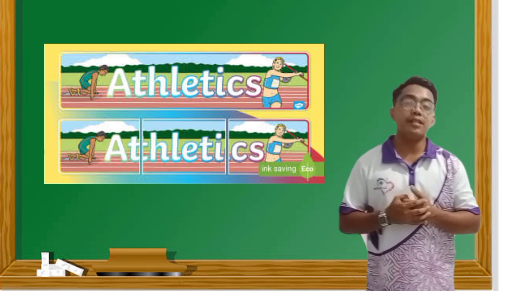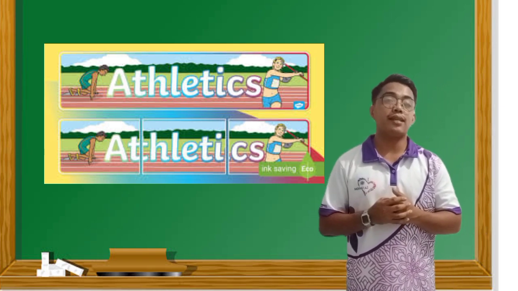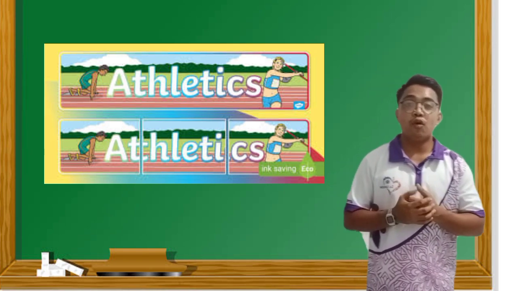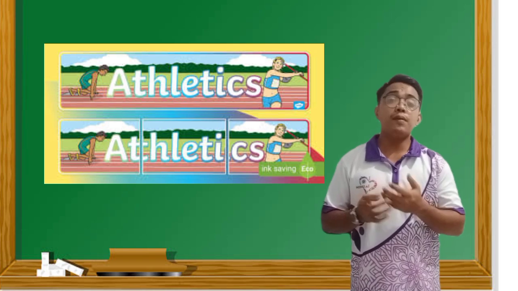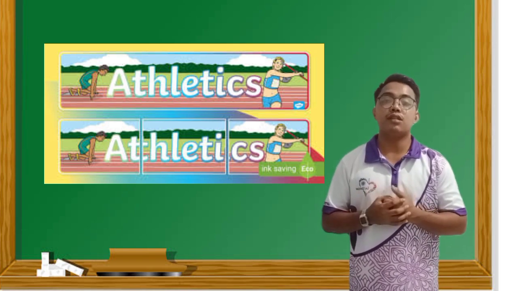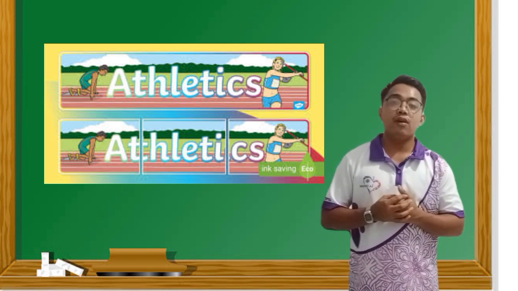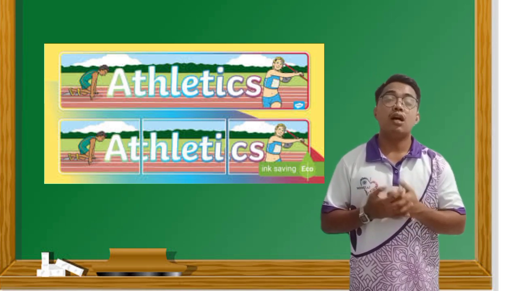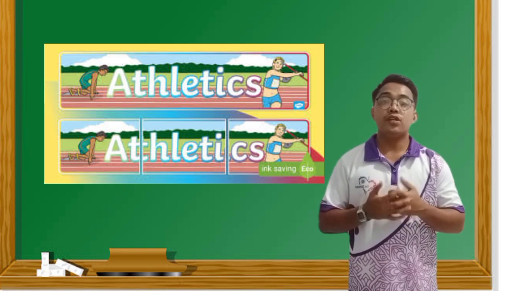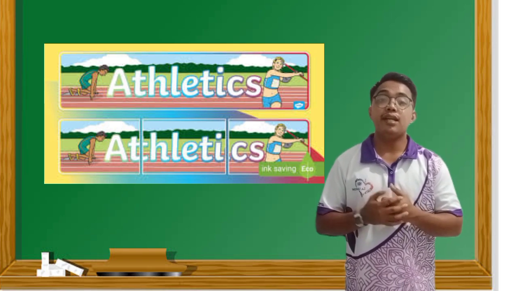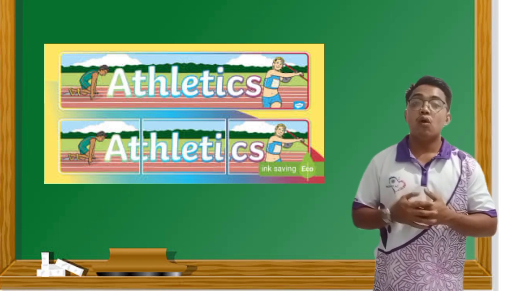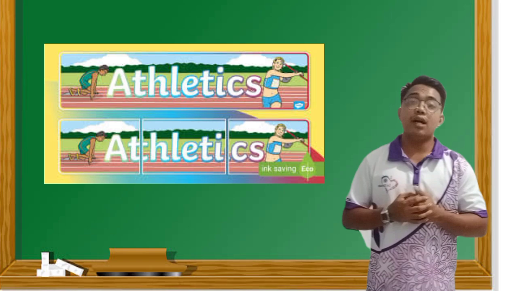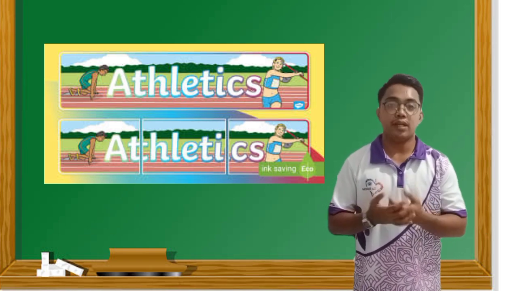In 1913, the International Amateur Athletics Federation, or the IAAF, was formed by representatives from 16 countries. The IAAF was charged with establishing standard rules for the sport, approving world records, and ensuring that the amateur code was adhered to, and it continues to carry out these duties today.